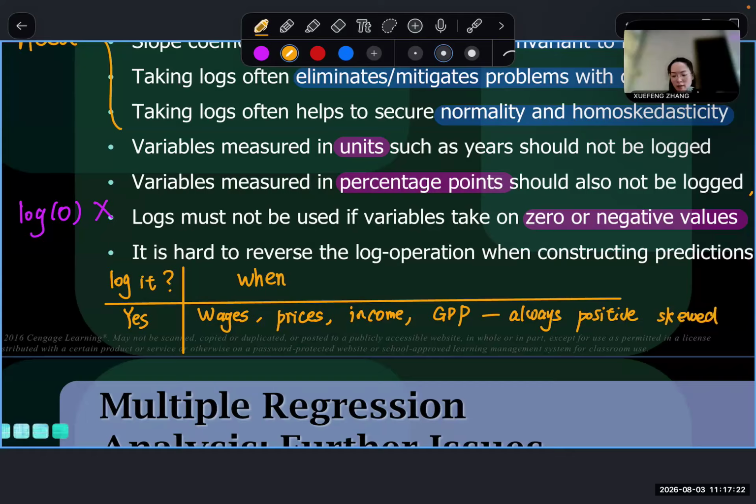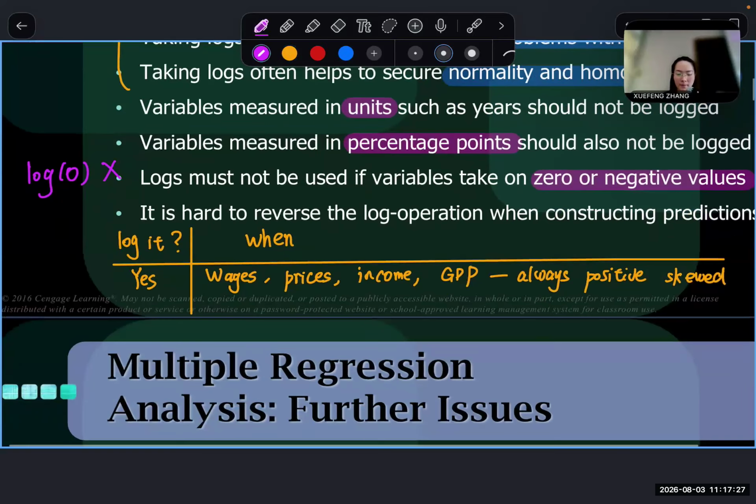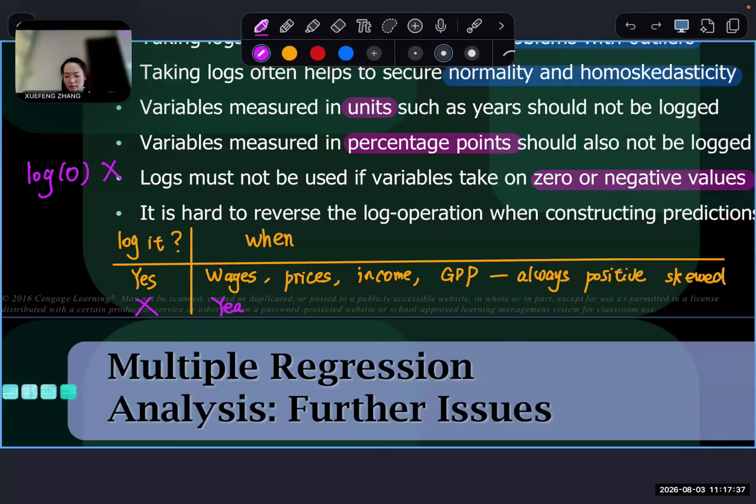For those kinds of variables, yes, we should log them. No, for things like years, or if the variable is already in percentage, and also zeros or negatives. For those kinds of variables, we cannot take logs.